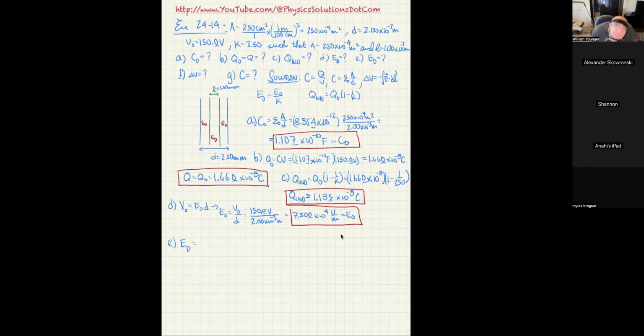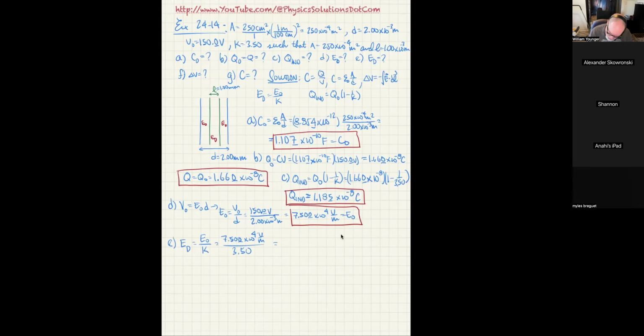So ED is equal to the electric field it had without the dielectric divided by the dielectric constant. So that's going to be 7.500 times 10 to the fourth volts per meter divided by 3.50.